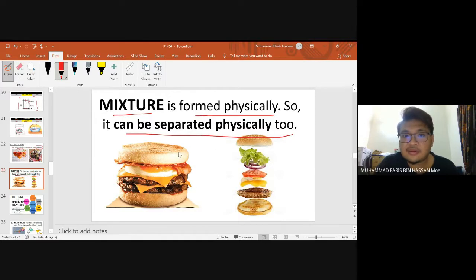We can separate all the ingredients in the double cheeseburger physically. In the double cheeseburger we have meat, the cheese, the vegetables, and also the bread. So we can separate all the ingredients in the burger just physically, just like that.